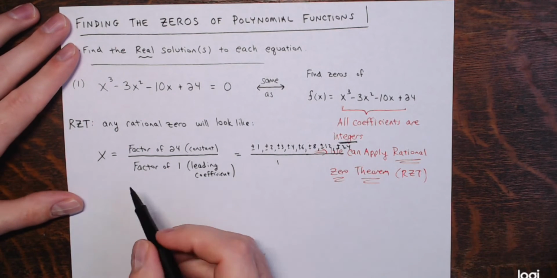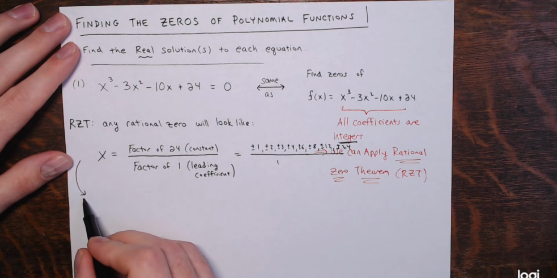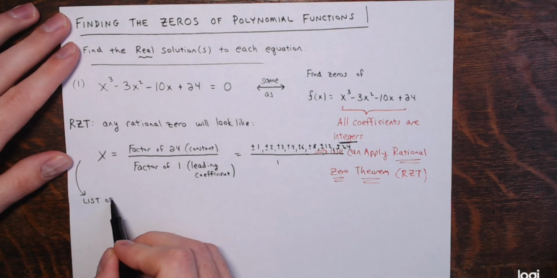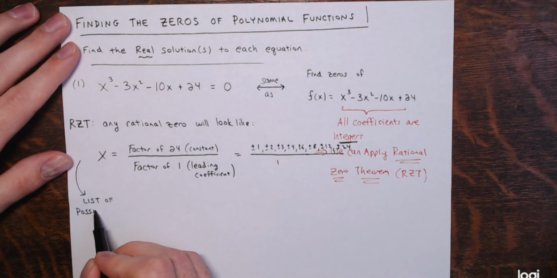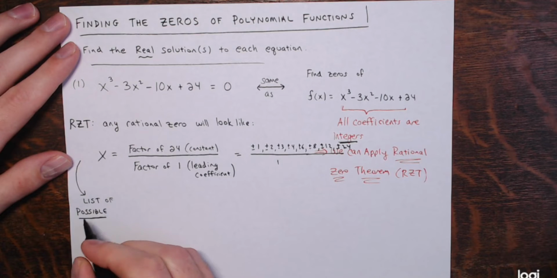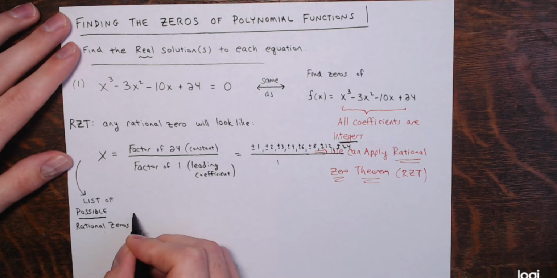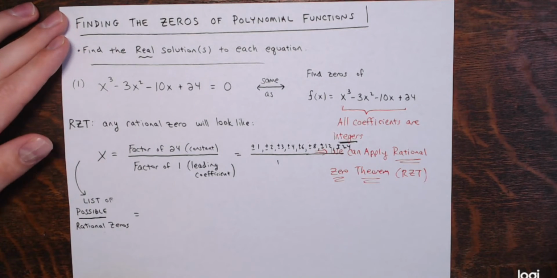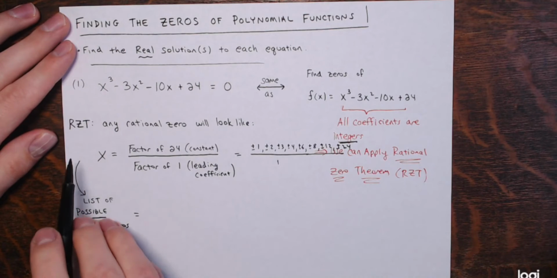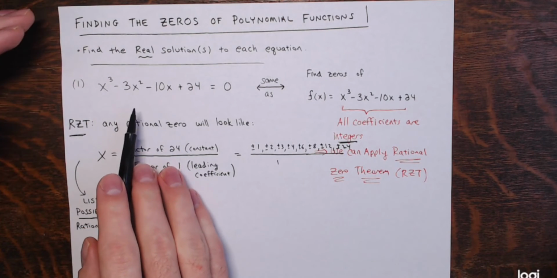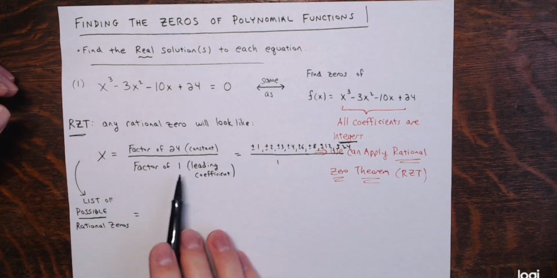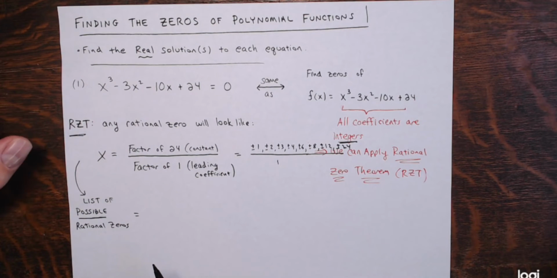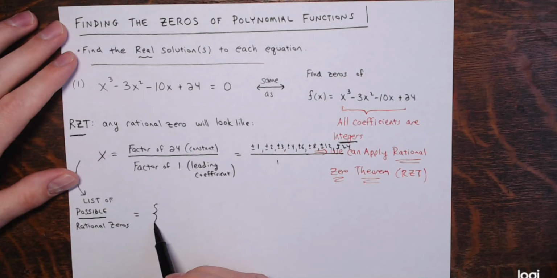From this, we should be able to make a list of possible rational zeros for this polynomial. Notice I use the word possible. Remember, the rational zero theorem doesn't guarantee that you're going to find a rational zero. All it states is that if a polynomial has a rational zero, it's got to look a certain way. So we can use this to make a list of possible rational zeros.